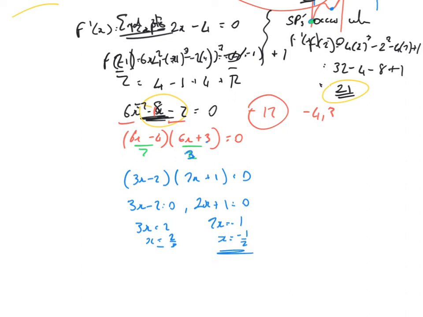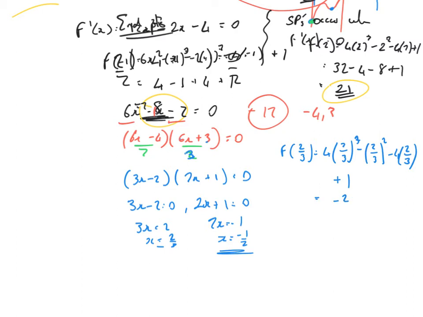Okay, so next thing I'm going to do is get the y coordinates, so sub back into the original function. So f of 2/3: back into the original function, 4 lots of 2/3 cubed minus 2/3 squared minus 4 lots of 2/3 plus 1.